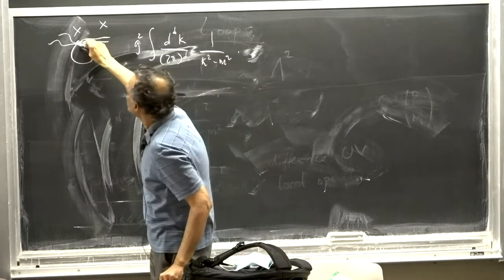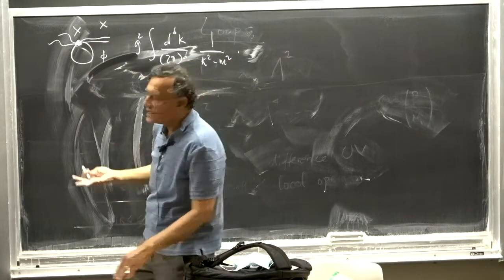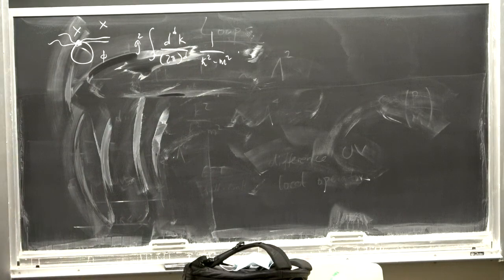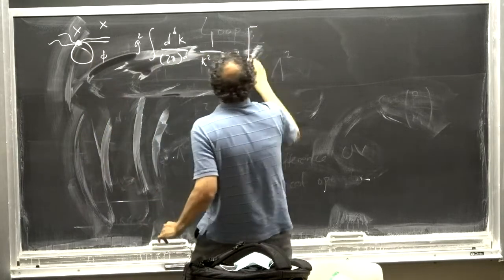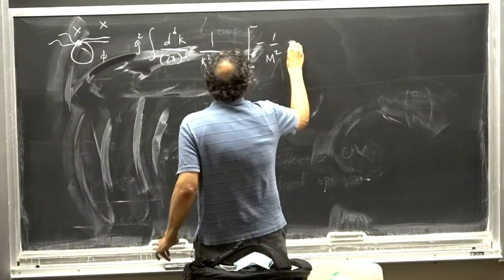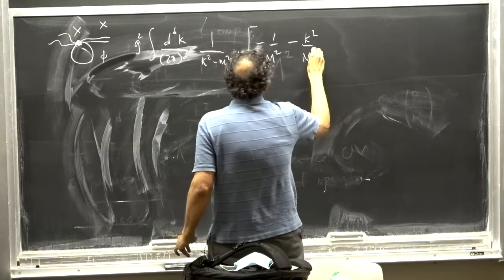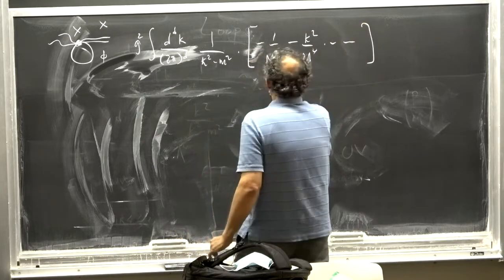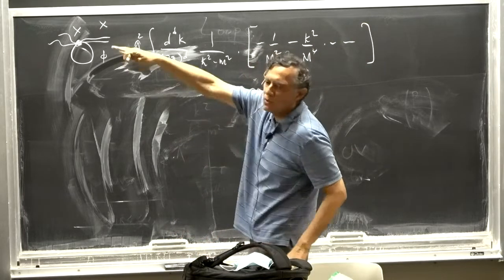But what is this vertex? This vertex is simply the expansion of this k squared minus m squared, because that's where it came from. It came from expanding this 1 over k squared minus m squared. So the EFT has a sequence of diagrams, minus 1 over m squared, minus k squared over m fourth, et cetera. This is the contribution from what I call O1.